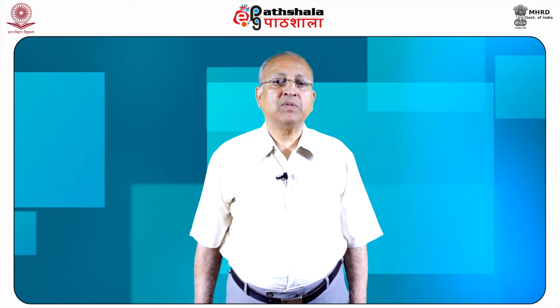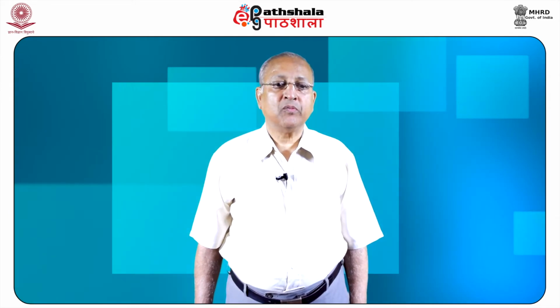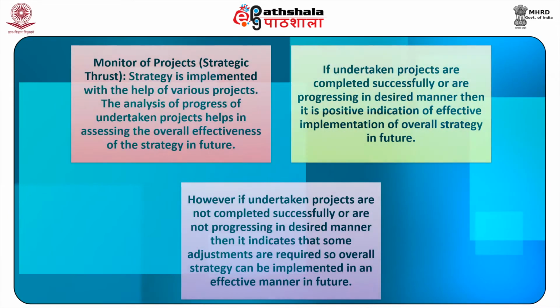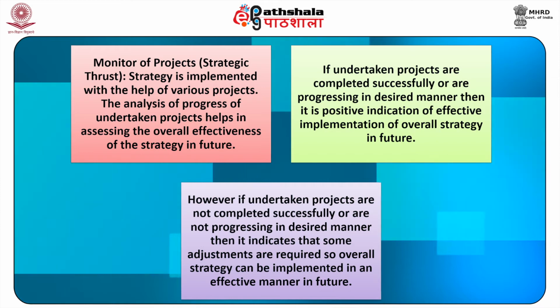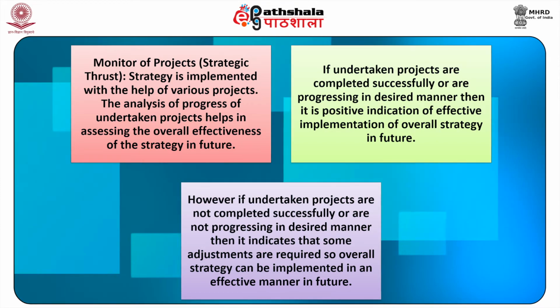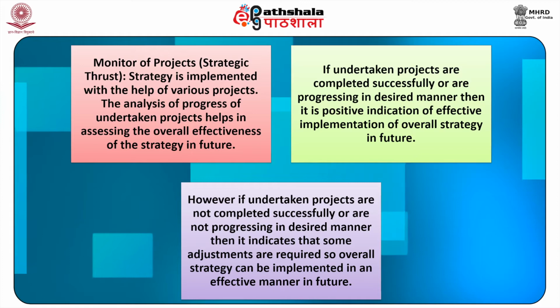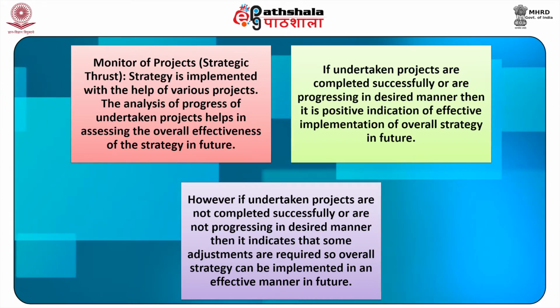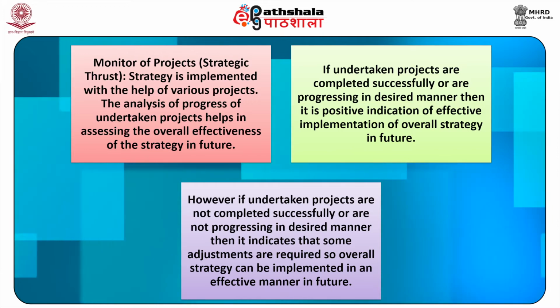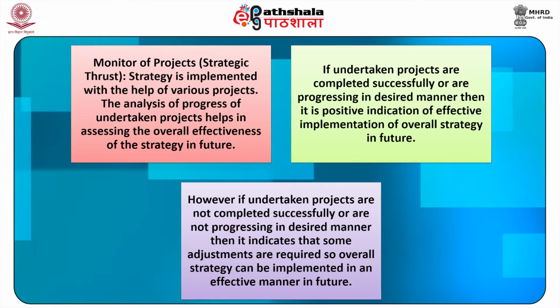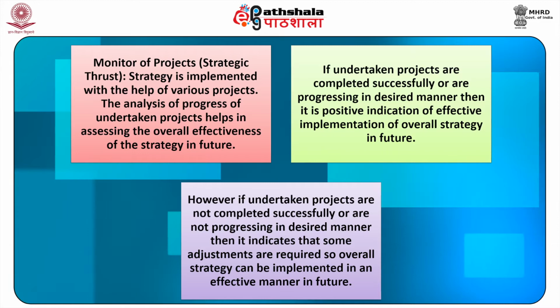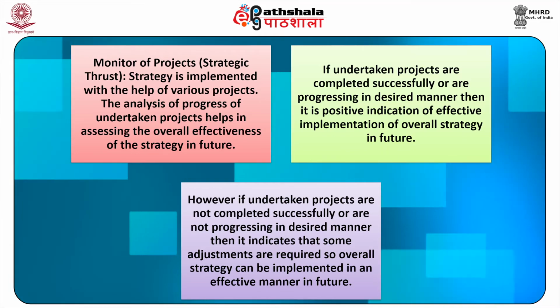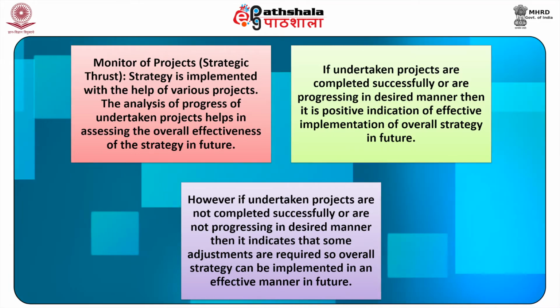There are two types of implementation control. One, monitoring of projects. Strategy is implemented with the help of various projects. The analysis of progress of undertaken projects helps in assessing the overall effectiveness of strategy in future.